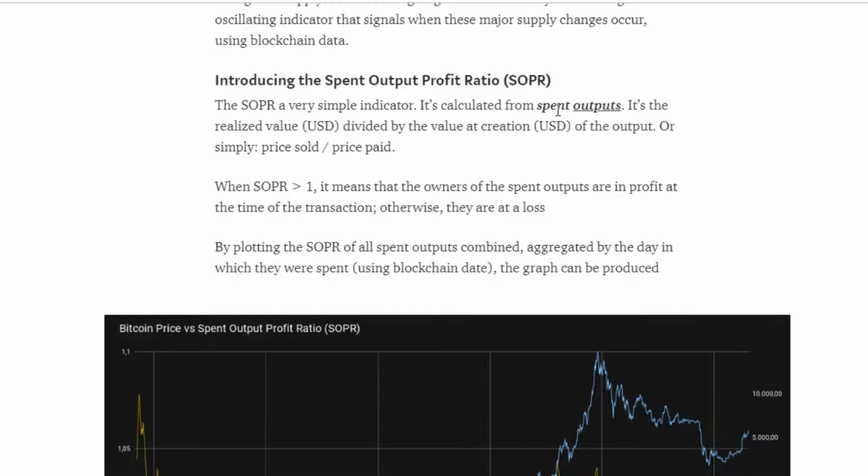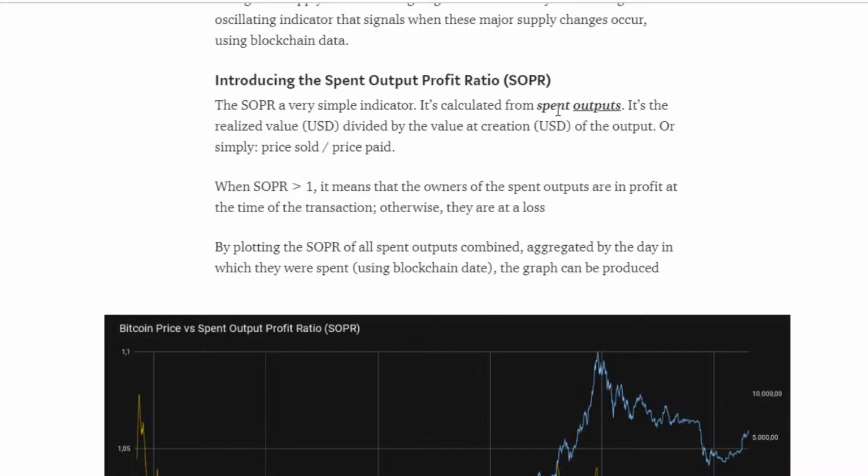So how I understand it is, if you send a transaction, by the time it got received, if the price is in the positive, then it will show you a positive result.